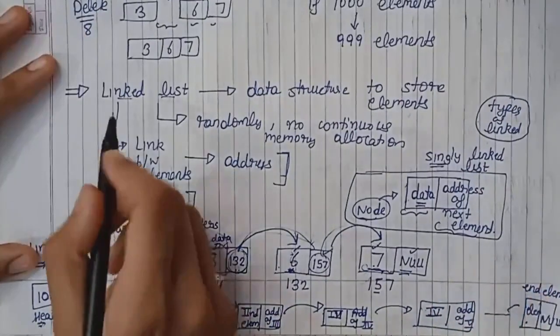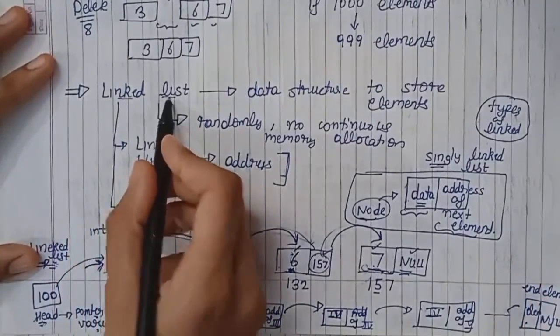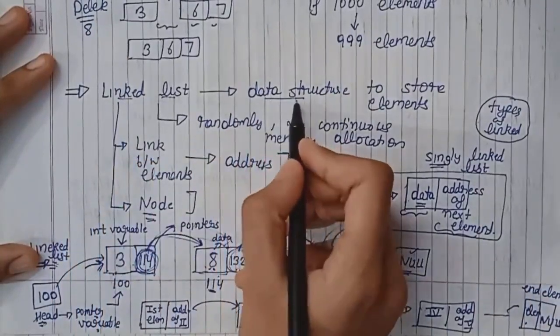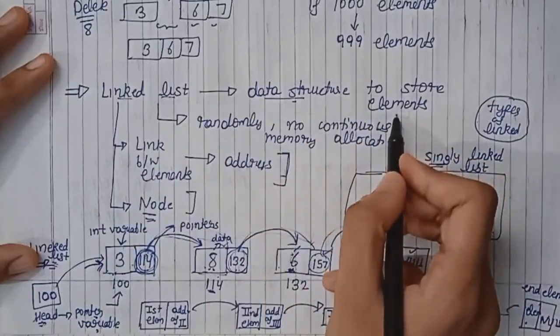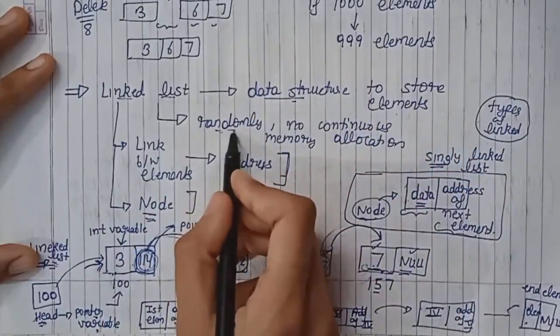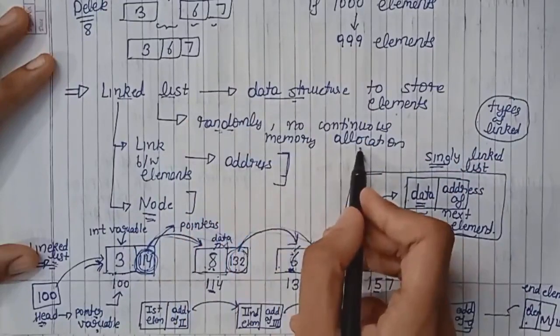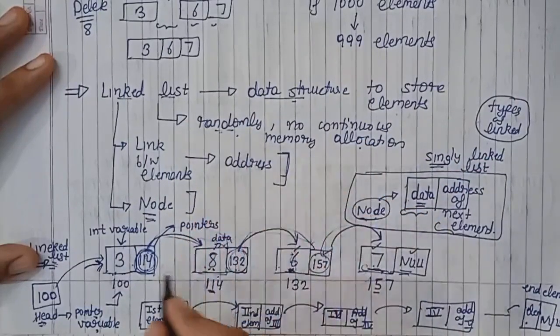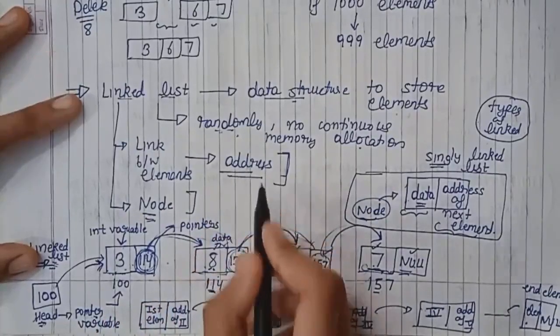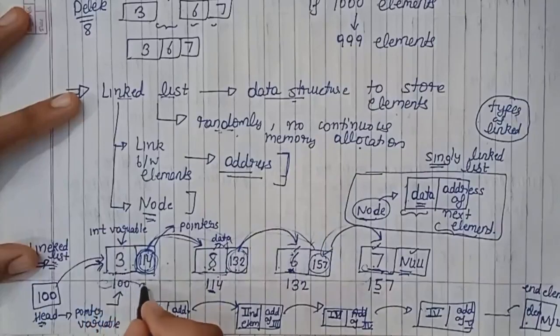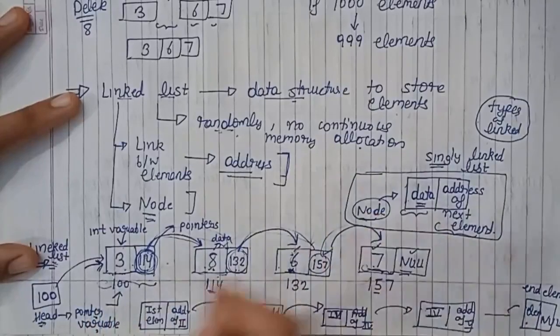So here you can note that a linked list is basically a data structure to store elements, where there is random memory allocation for its data members, and the link between these data members is made with the help of addresses. The basic unit of the linked list is the node. So what is this node?